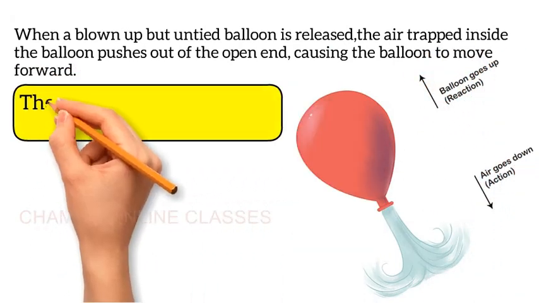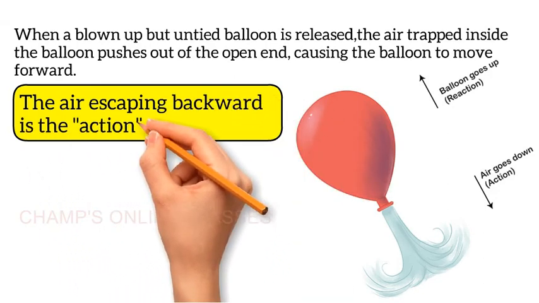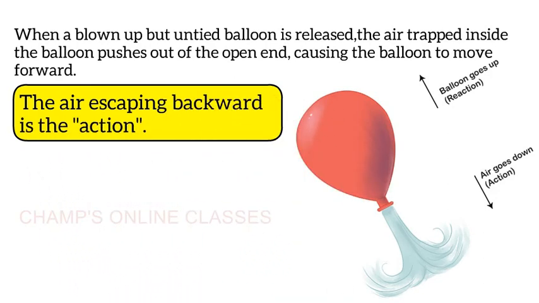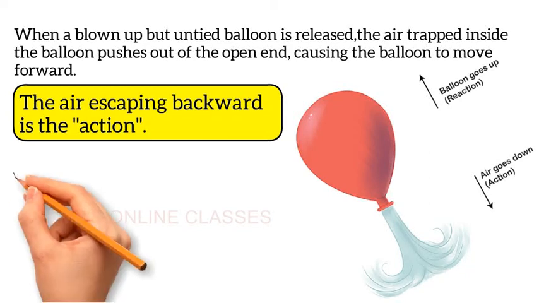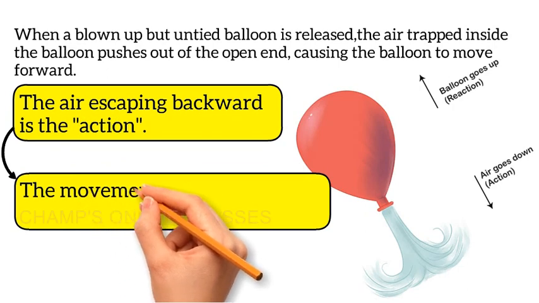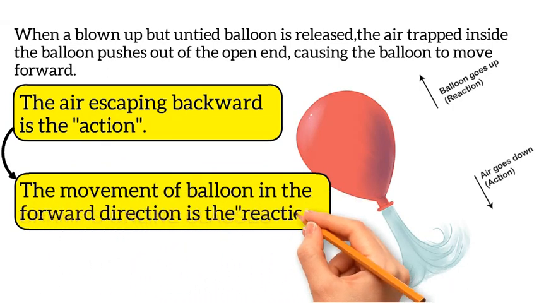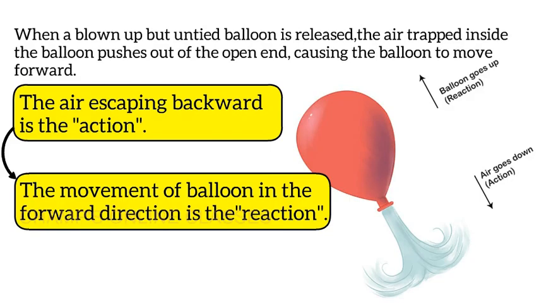So, here the air escaping backward is the action done by balloon on air. Therefore, according to Newton's third law, the movement of balloon in forward direction is the reaction force done by air on balloon.